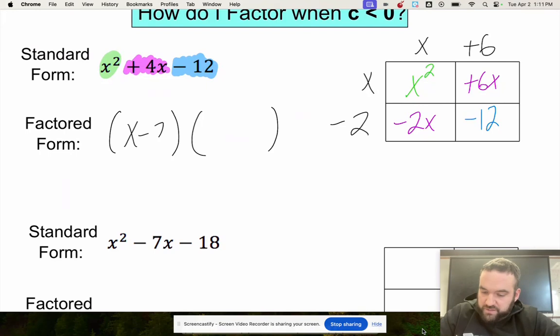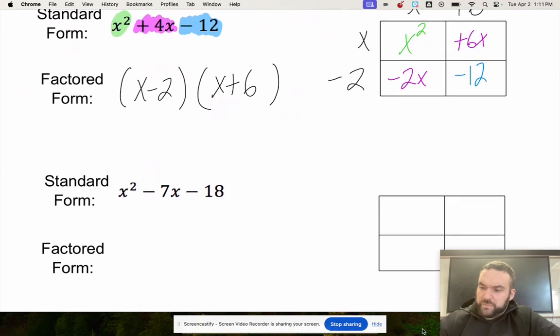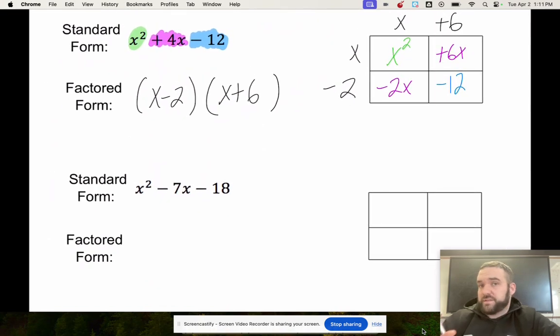They will be x minus 2 and x plus 6. The order can switch, but the 6 has to be positive and the 2 has to be negative. So again, just to get a little bit more interesting, with one number being negative and the other being positive, you might be really close to the right answer, but you have to switch which one is negative.